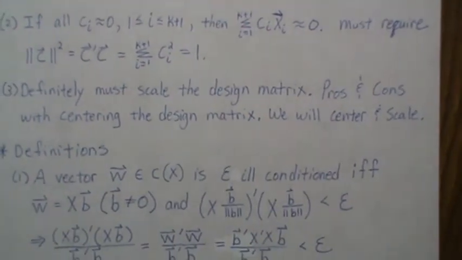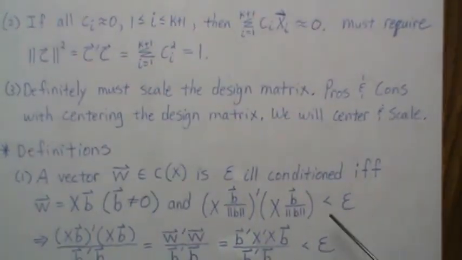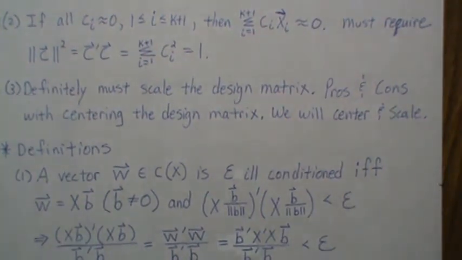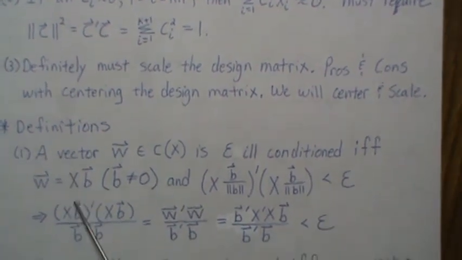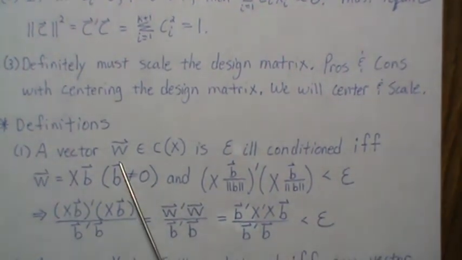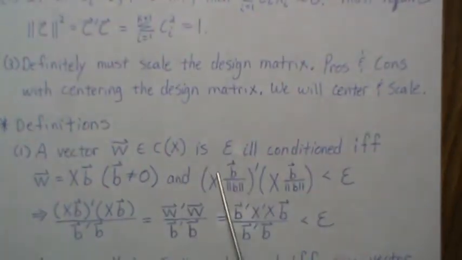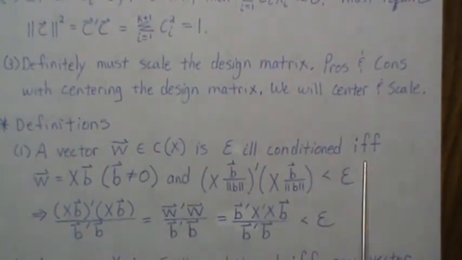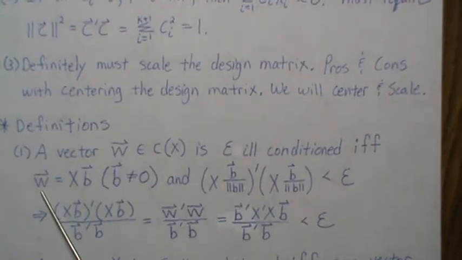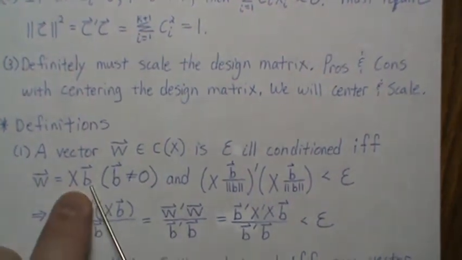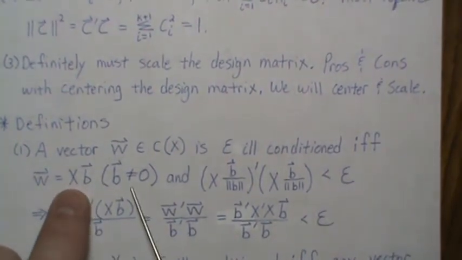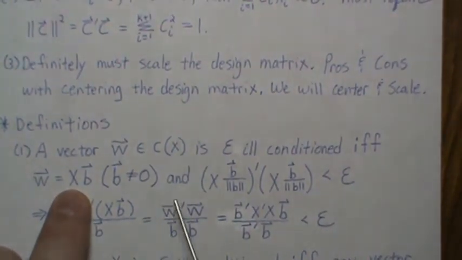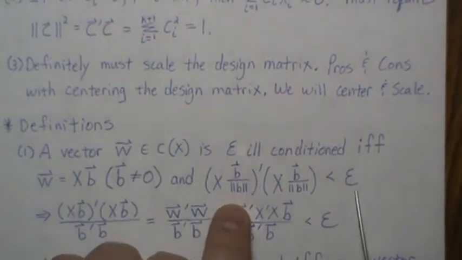So definitions, we need a definition before we get into condition number. Remember, that's our goal, the condition number. So a definition: a vector W, which is in the column space of X, is ill-conditioned if and only if W, and since it's a linear combination of the X's, it's in the column space, can be written like this, for some vector b not 0, then this is less than epsilon.